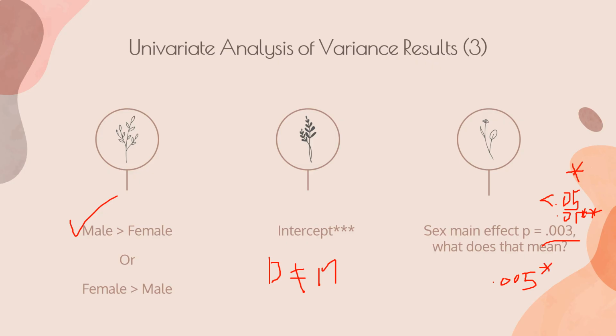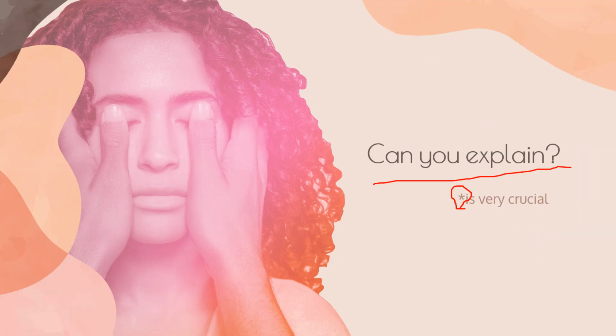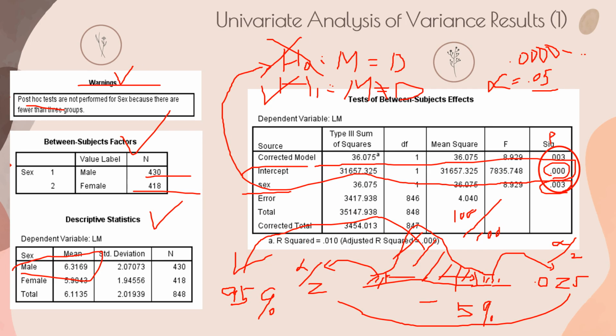So let me ask you: 0.003, how many stars for the table right here? Remember, 1 star is 0.05, 2 stars is 0.01, and 3 stars is 0.005. Our result is 0.003, which is less than 0.005, so you can give 3 stars, for sure.